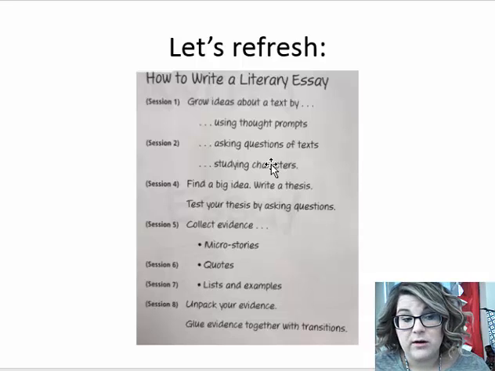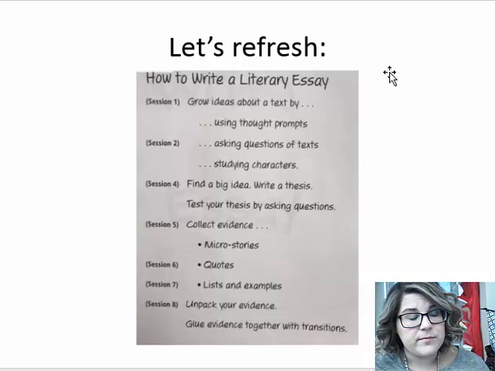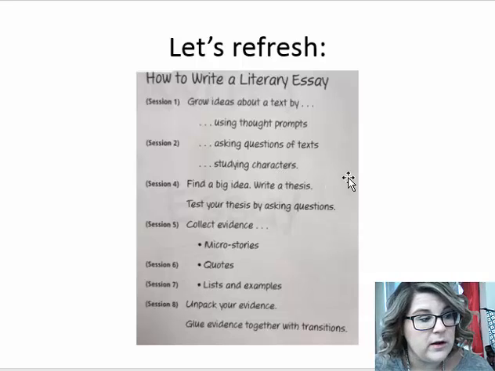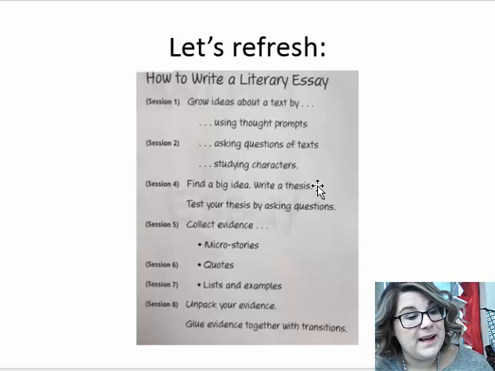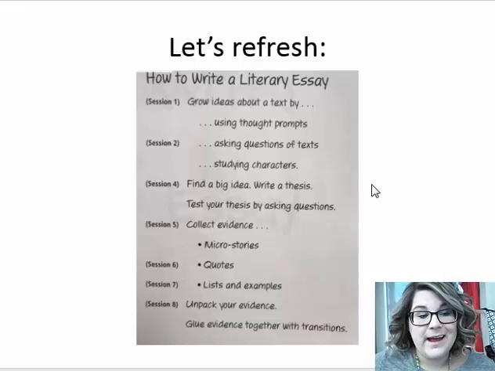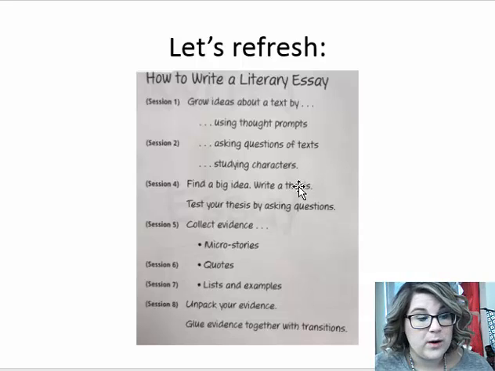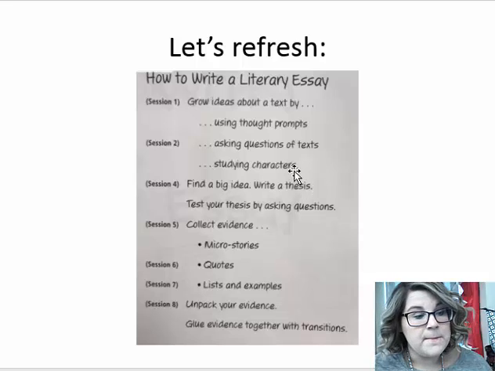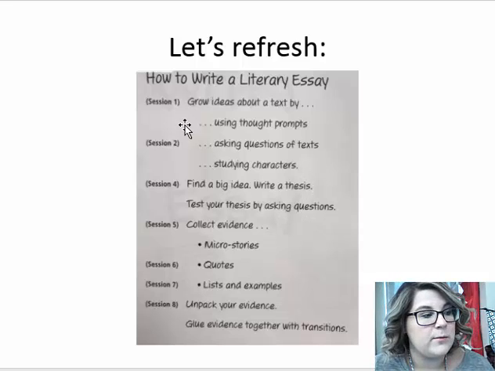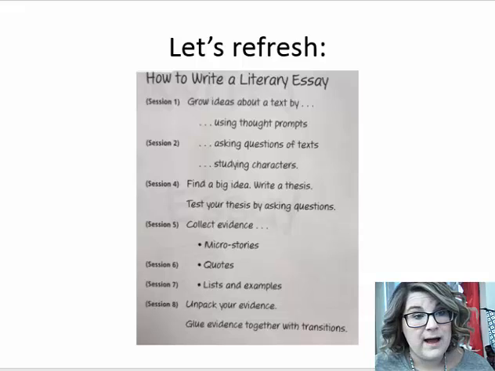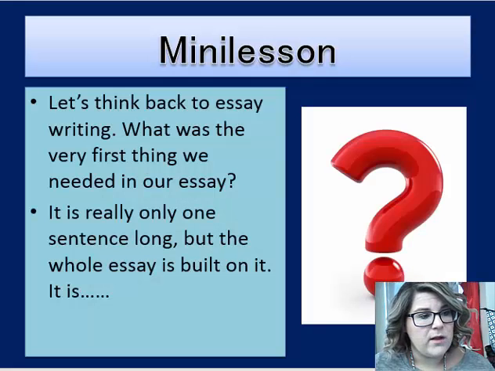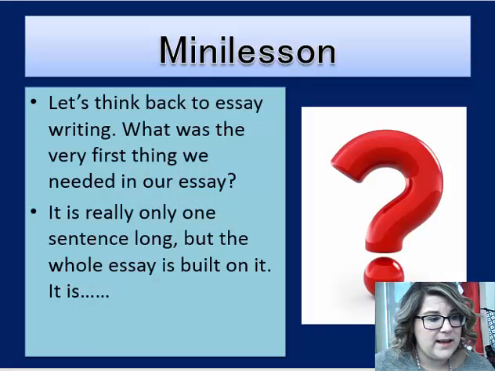That's one way to start writing a literary essay. Once we start thinking about stories, we need to find a big idea. So that's what we'll be doing today, finding big ideas in the story in order to write a thesis or a one-sentence main idea. And then we're going to test that by asking some questions to see if it will have enough support.